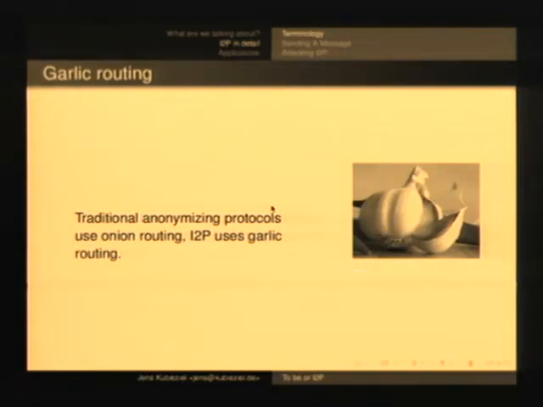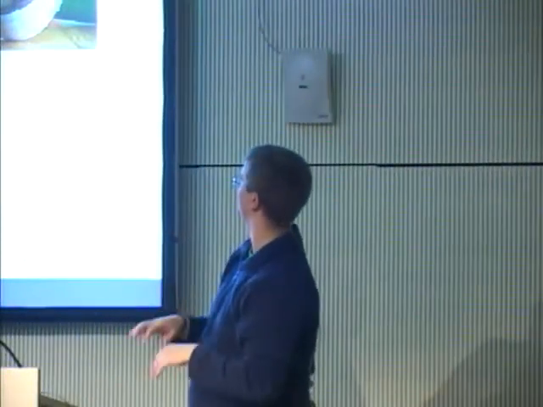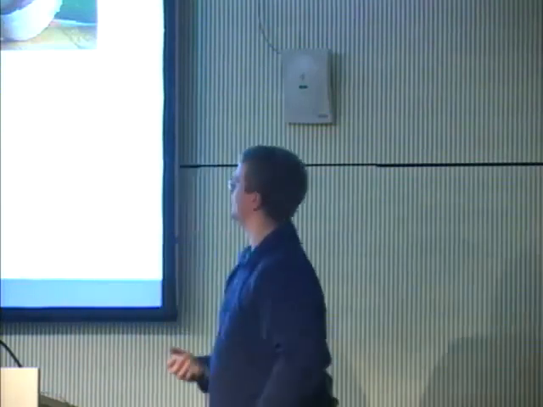And if you send the message along the way, the first router in your circuit will unwrap the outer onion layer and send it to the next, and so on and so on.